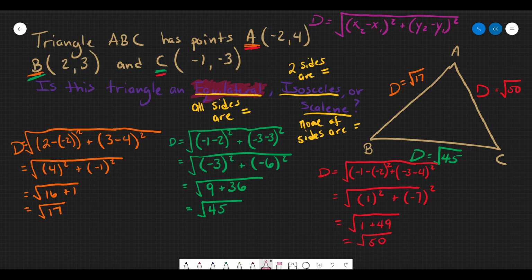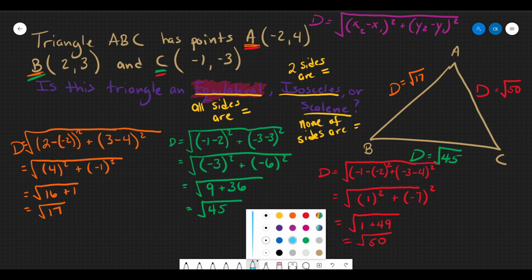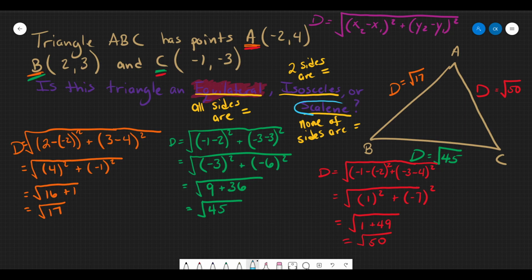And now that I look at all three of my distances, I see that all three of them are different. So the correct answer here is that this is a scalene triangle, because none of the three sides have the same distance. So that's how we would work with a problem like this.